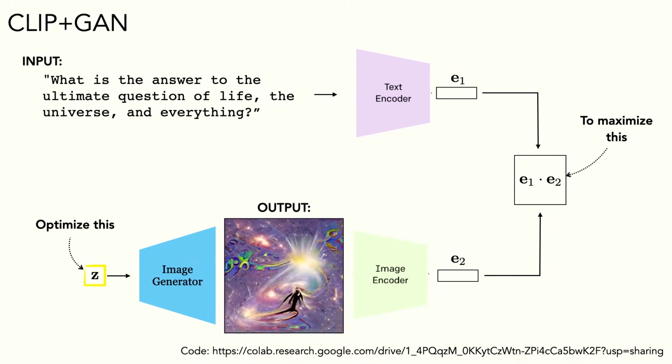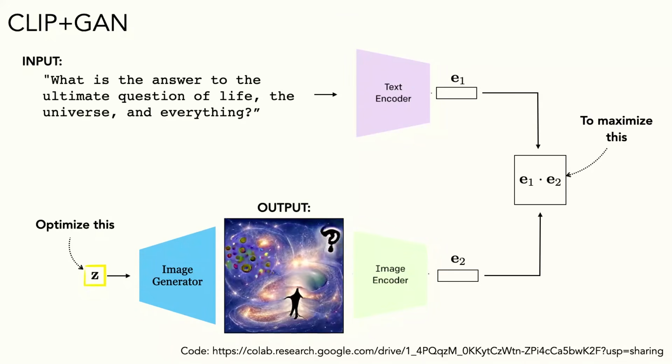And if you look at what that learns over time, you can get stuff that's fascinating, right? So this is a way to generate an image from text.